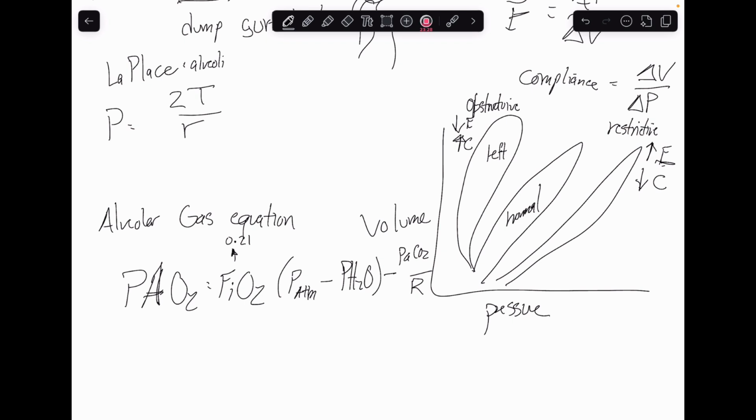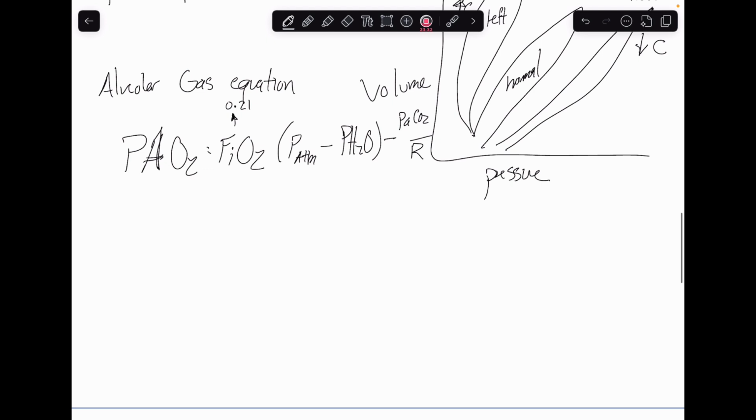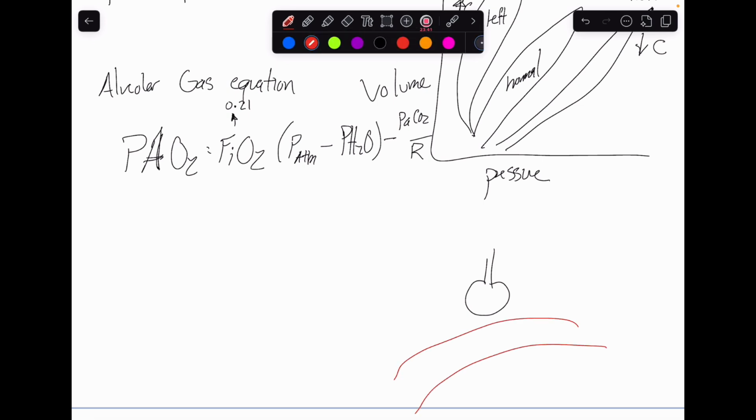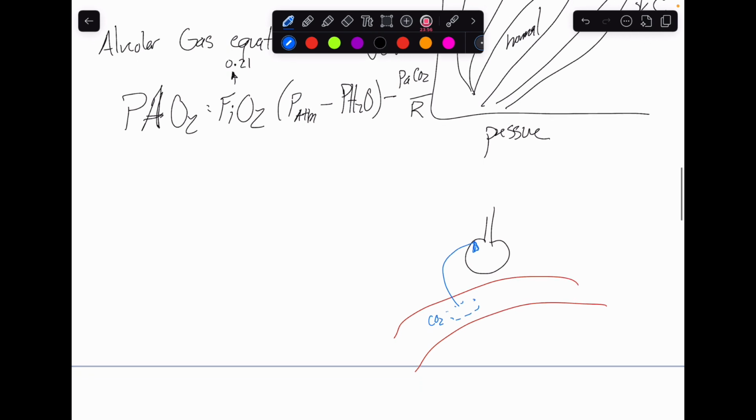So if we draw it out, we got alveolus, and we got our sangre. So let's say in the sangre, we got CO2 in there. That will be able to enter into our alveolus because we're at a higher pressure within the veins than we are in the alveolus, at least when it comes to CO2.